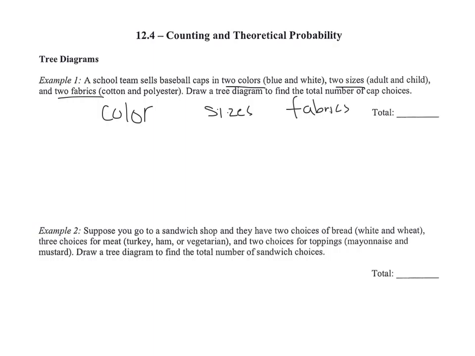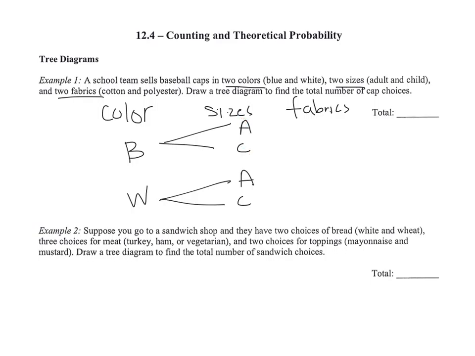So the colors I'm going to list off are blue and white, and I want to leave more space for that. Off of the color, you should write the 2 sizes, adult and child.